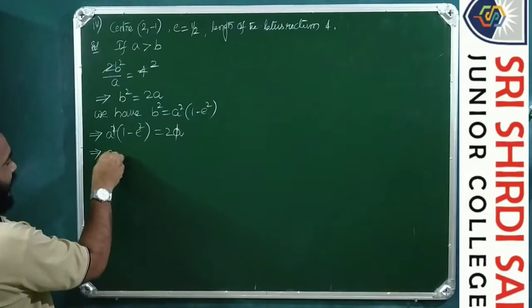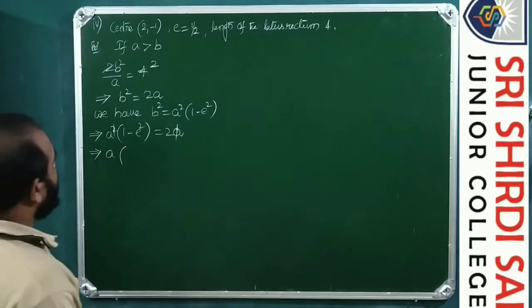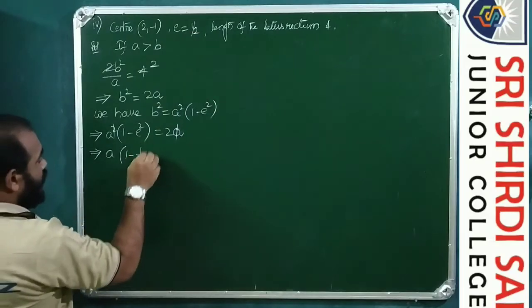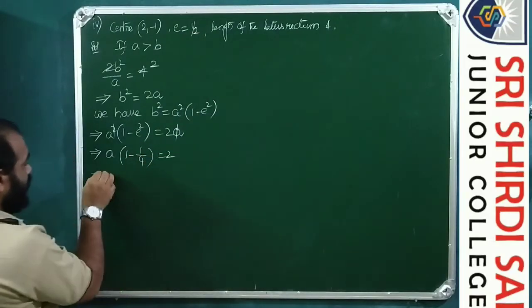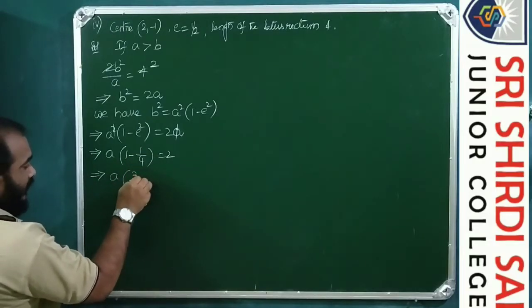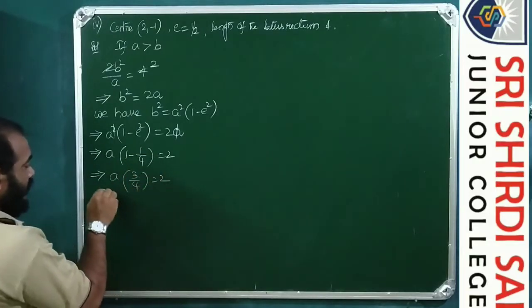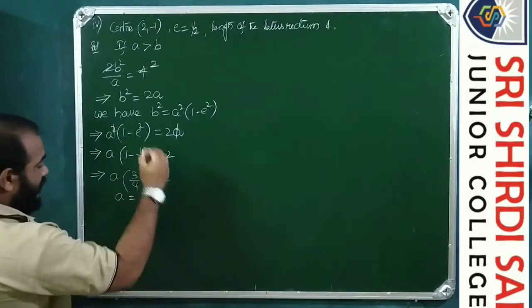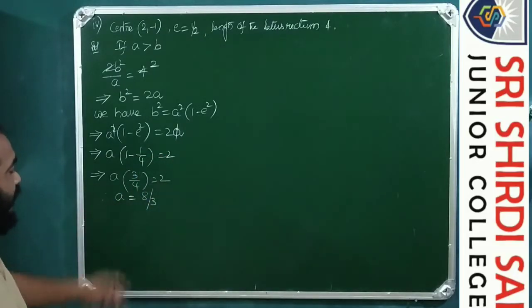So A into 1 minus E square, 1 by 4, is equal to 2. So A into 4 minus 1, 3 by 4, equals 2. Therefore A is equal to 4 2s are 8 by 3. A is 8 by 3.